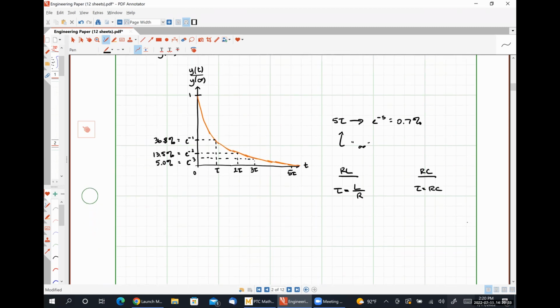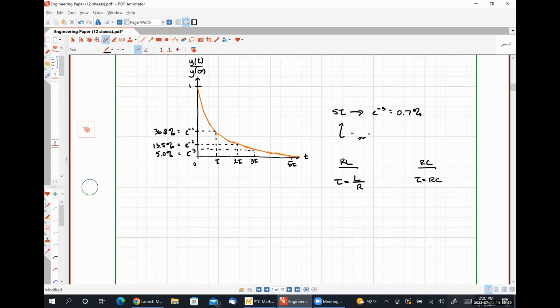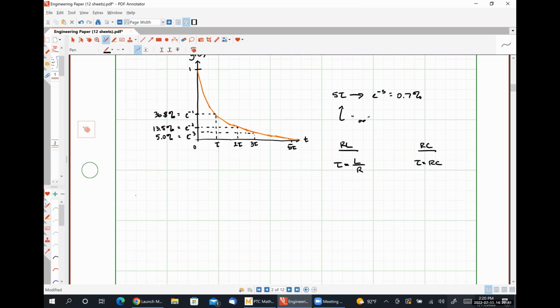So let's talk about how we use the time constant in our analysis. Step number one, if you'll recall, was to analyze our circuit at t equal to 0 minus.